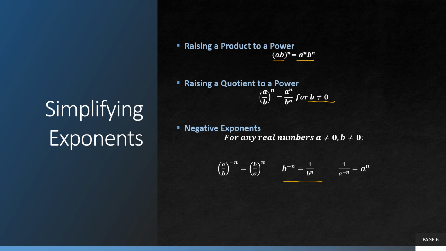If I have a fraction and I'm going to raise it to a negative exponent, a over b to the negative n is the same thing as b over a to the n. In other words, I'm taking the reciprocal here, which is the same thing I did in this case and in this case. This little shortcut can come in handy in our future examples.